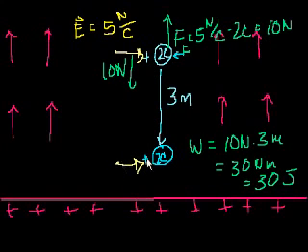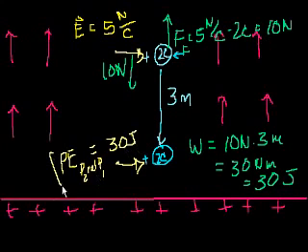So the electrical potential energy here relative to here, and you could say, P2 relative to P1. I'm using my made-up notation, but that gives you a sense of what it is: equal to 30 joules. And how could that help us?